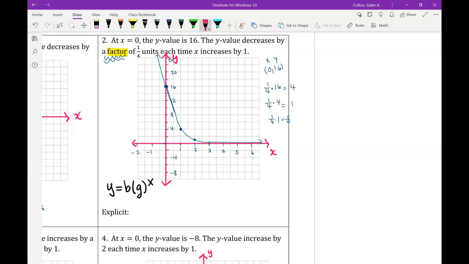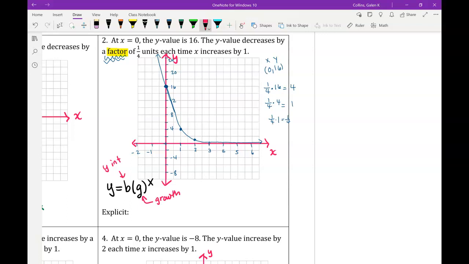So when I write it this way, this number is going to be my y-intercept. I like to call that b. Some textbooks call it a, and they call where I'm writing the g, they call that b. That's just fine. A lot of textbooks do that, but those letters are completely arbitrary.